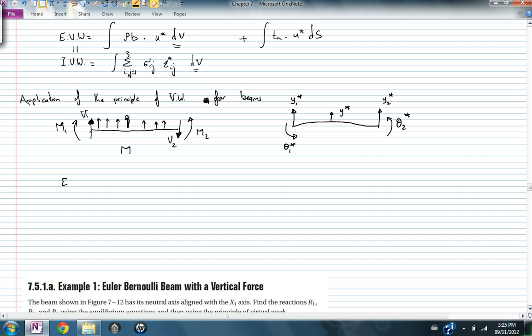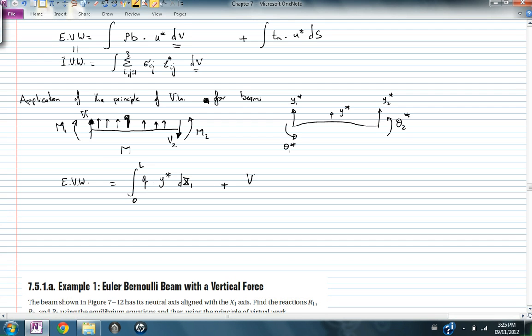The external virtual work is equal to the distributed load Q, external, multiplied by the displacement y star integrated over the length of the beam, plus the reactions.